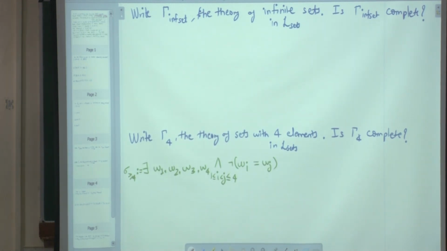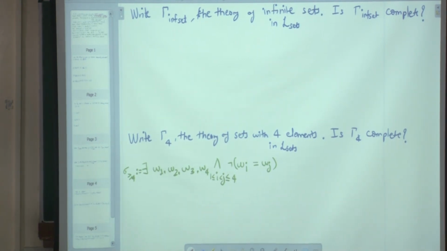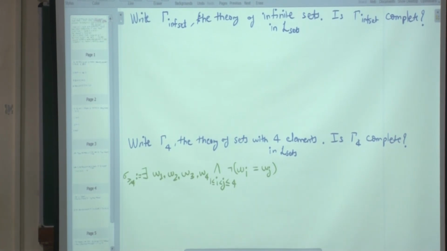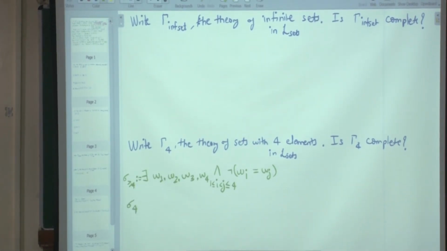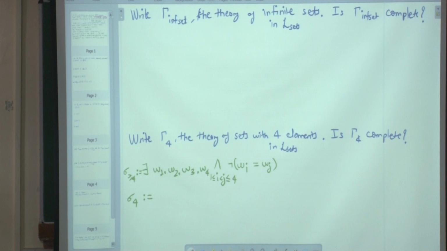It must contain at least 4 elements and it must not contain more than that. So for sigma 4, we can say that the same thing happens.